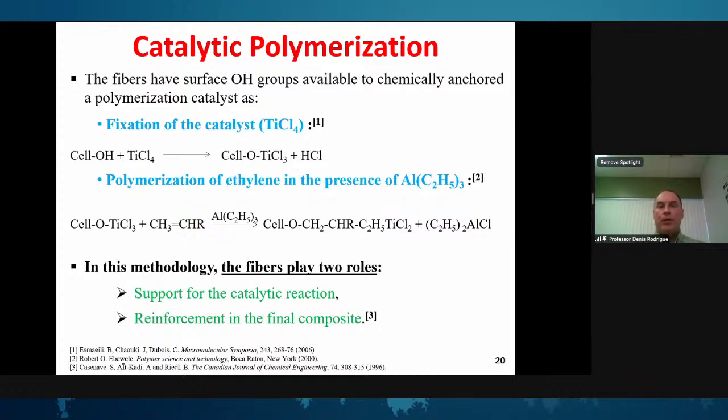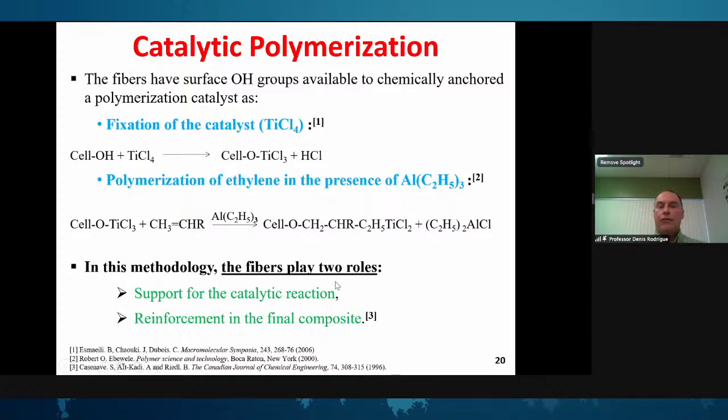In terms of polyethylene, you use TiCl4 and Al(C2H5)3, so triethyl aluminum. By using this catalyst and co-catalyst anchored on the surface of the fiber itself, you can directly polymerize your polyethylene on the fiber, and now you have a good interaction between the fiber and the matrix because it's chemically anchored on the surface.